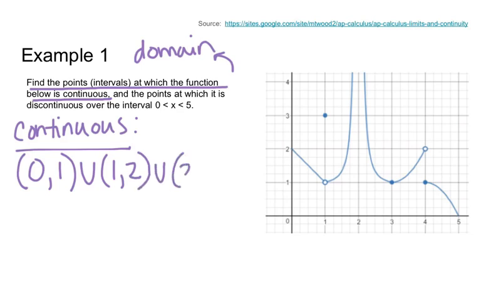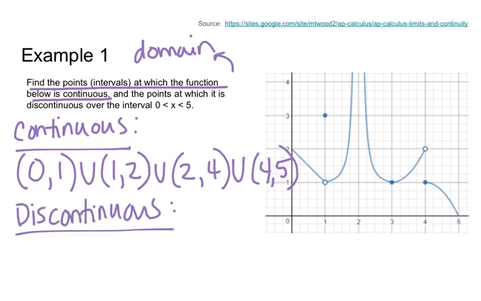Then we pick back up on the other side of 2, and we're coming back down, all good until we get to 4, where we have a jump discontinuity. And then after that, we're good until we reach 5, which again is not included. So picking back up with 4, going to 5, not including. So this would be the intervals at which the function is continuous, and also it would be the domain of our function.